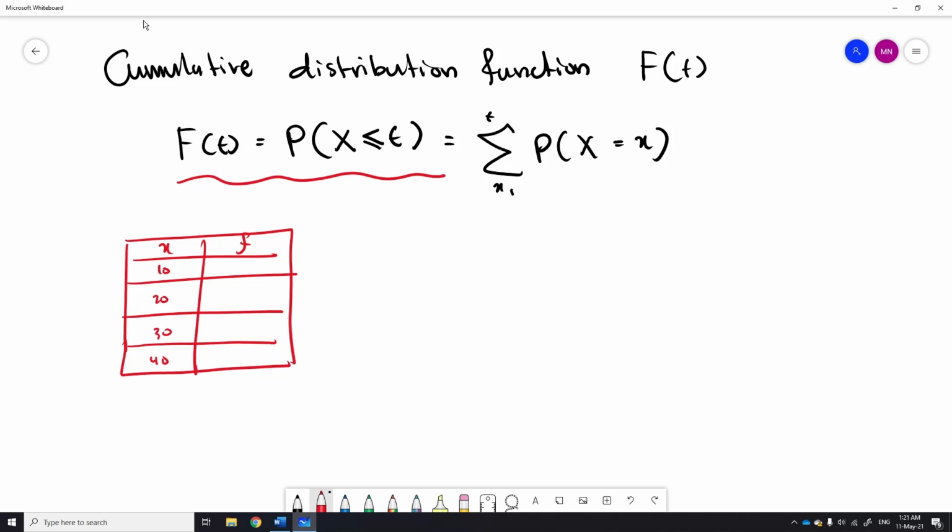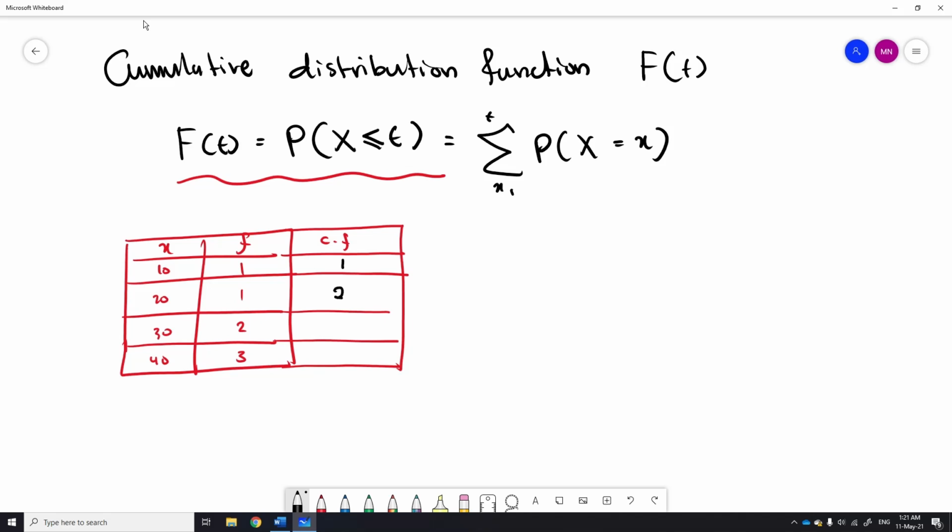Our frequency is then 1, 1, 2 and 3. Then the way we calculate cumulative frequency is by adding the frequency one by one. So this is 1, becomes 2, becomes 4, and then it becomes 7. So this is called as cumulative frequency.